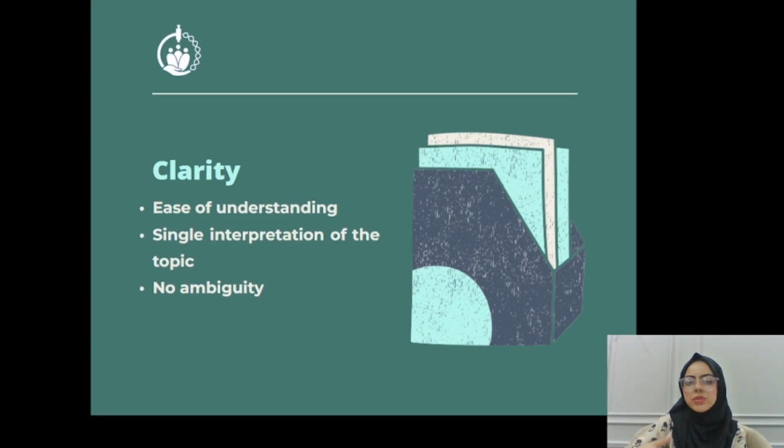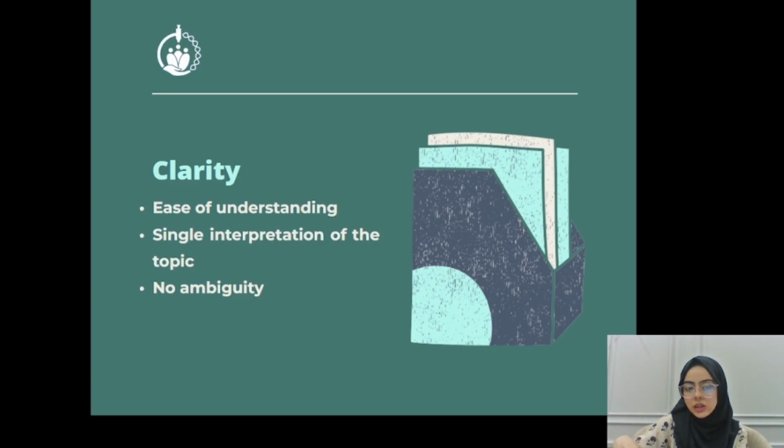Whenever we are trying to conduct any research, we need to make sure that it is addressed to a very broad audience. And what clarity and ease of understanding does is make sure that we are not limiting a topic to a very specified group of specialized individuals.